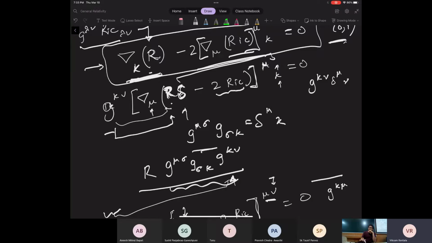Now let's contract all these indices. That is just going to be equal to, when I contract this, I get G mu sigma G sigma nu. When I contract, it is now delta sigma nu, and this sets sigma equal to nu, so this gives me G mu nu.